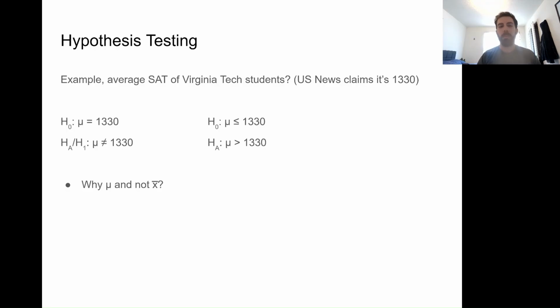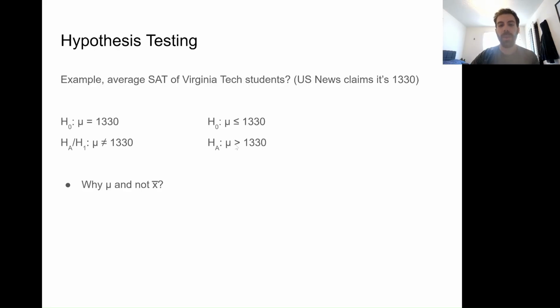And based on my experience at Virginia Tech, students seem very smart. I think that the average SAT score is actually higher than 1330. So I'm not interested in testing an alternative hypothesis of not equal to. I specifically want to know, is it greater than 1330? And that implicitly includes less than in the null hypothesis.